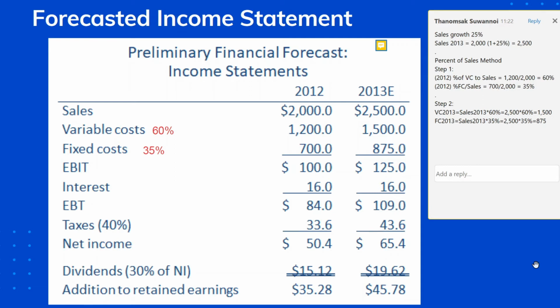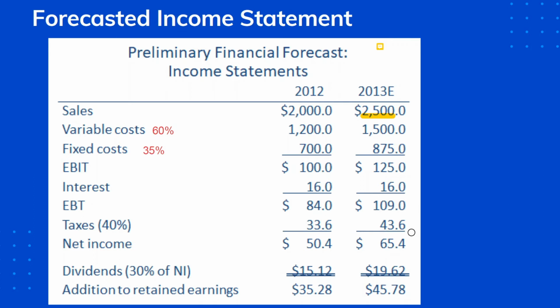Up to this point, we use percent of sale approach to calculate variable cost and fixed cost in 2013. We have identified that variable cost is 60% of sales. Fixed cost is 35% of sales. Based on the sales of $2,500, we can calculate variable cost as $1,500 and fixed cost at $875.